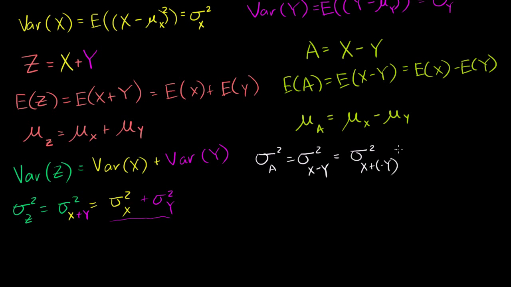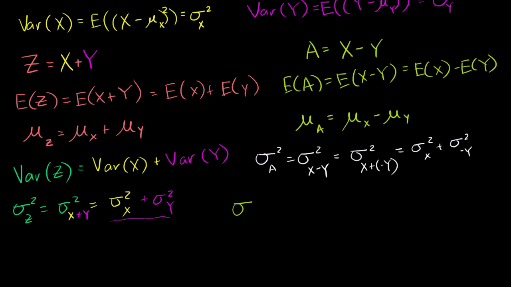So you could view this as being equal to, just using this over here, the sum of these two variances. So it's going to be equal to the sum of the variance of x plus the variance of negative y. And what I need to show you is that the variance of negative y, of the negative of that random variable, is going to be the same thing as the variance of y. So what is the variance of negative y?